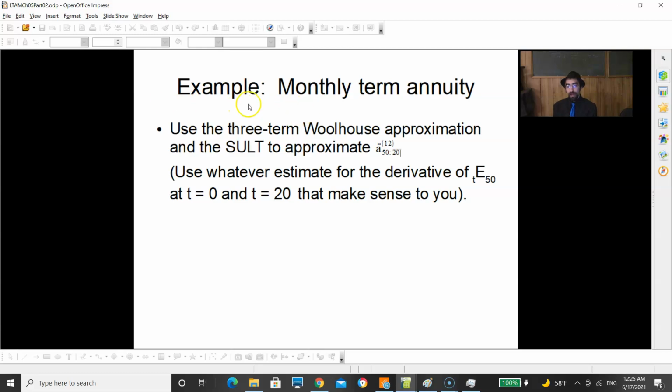So as an example, for a monthly term annuity, suppose we want to use the 3-term Woolhouse approximation and the standard ultimate life table to approximate A double dot super 12, monthly, 50 : angle 20.